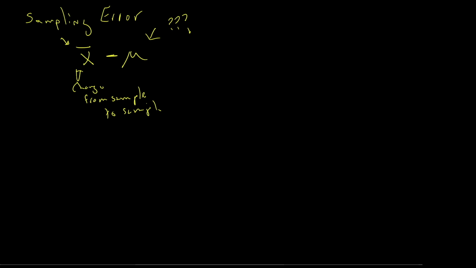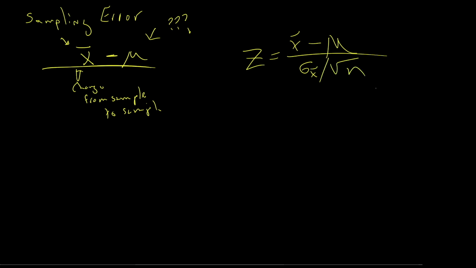But we can use all of this together and notice that this hints at our z-score, right? Remember, the z-score was x bar minus mu over the standard deviation divided by the square root of n. So what we can do is talk about making a margin of error, some kind of range we can look at.